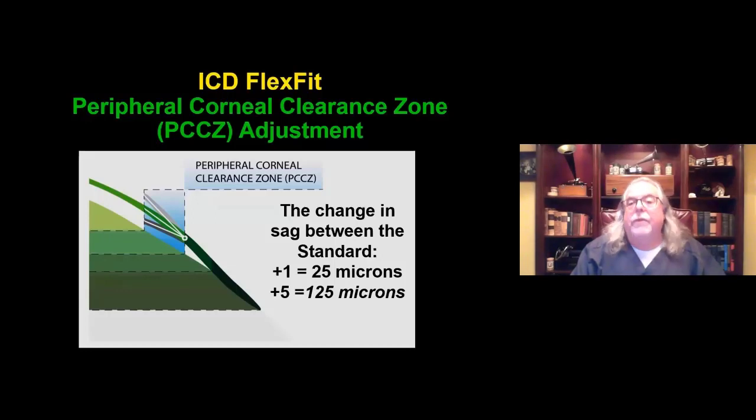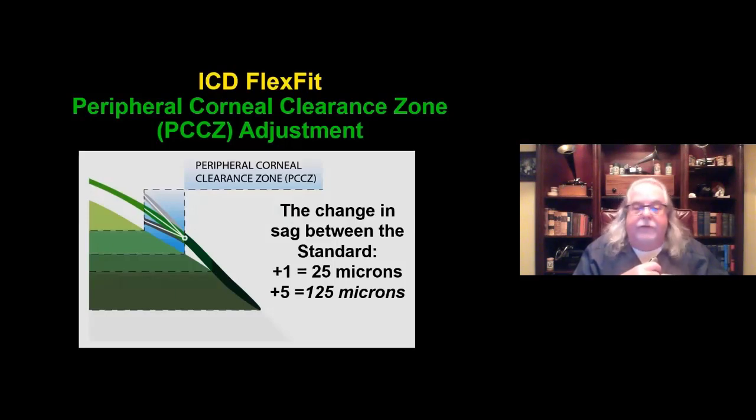So if we want to increase the depth of the lens, we think of it as sagittal depth. And that means it's a plus number. So we're going to add +1 to increase that clearance 25 microns.